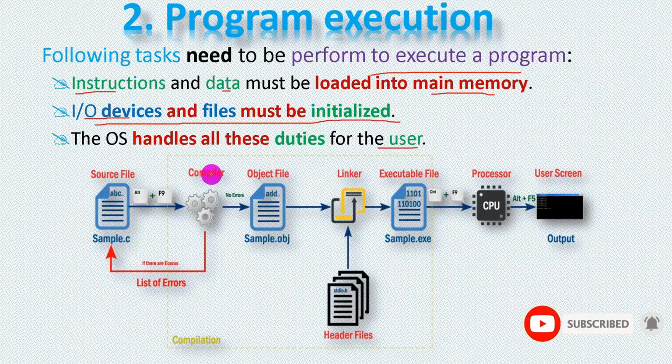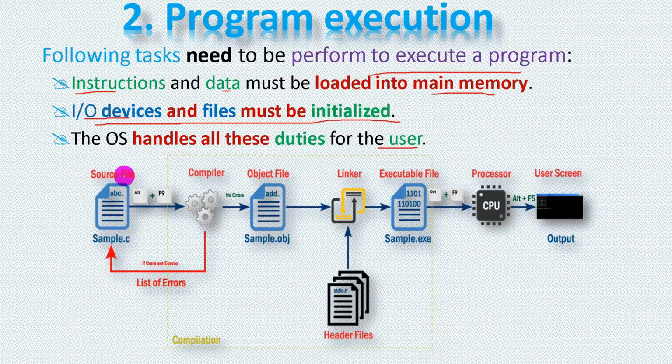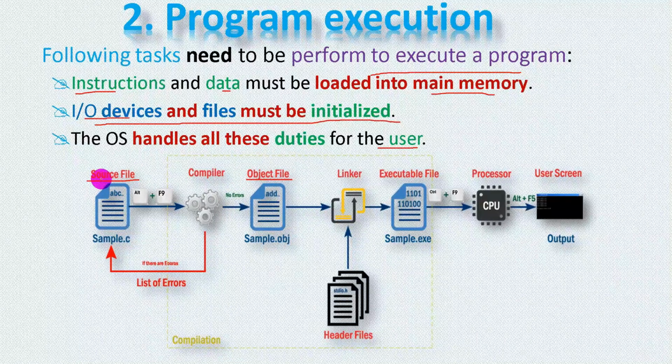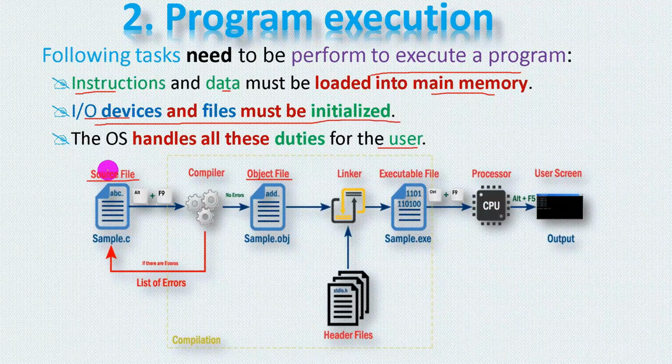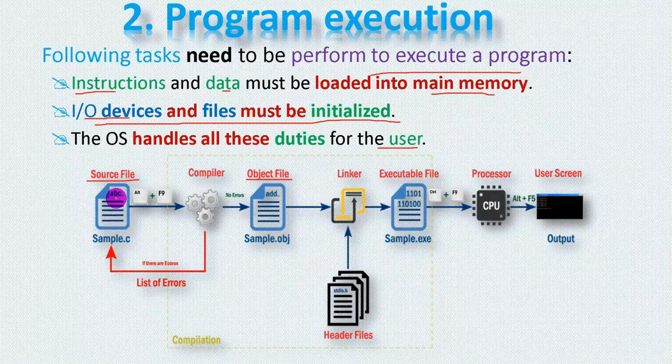Compiler is a built-in software that helps to translate this source file to object file, because the computer or the machine does not directly execute this source file. First of all, it must be translated to an object file, machine understandable. Compiler translates this source file to object file. If there is an error, come back again to the editor and fix or debug that error.